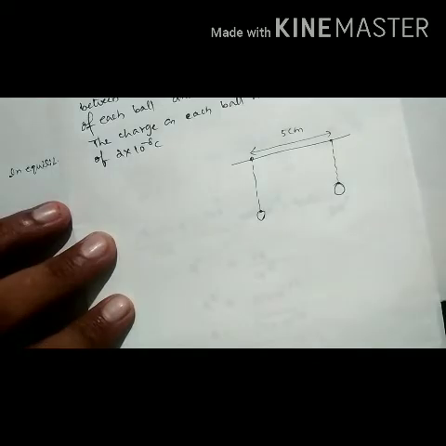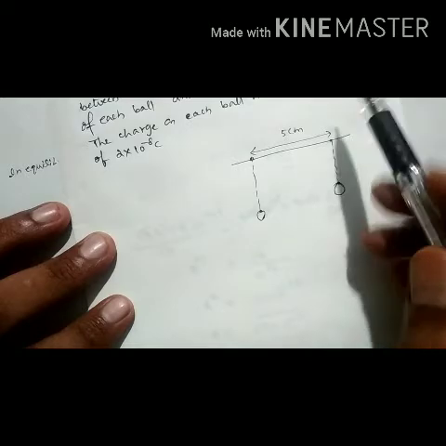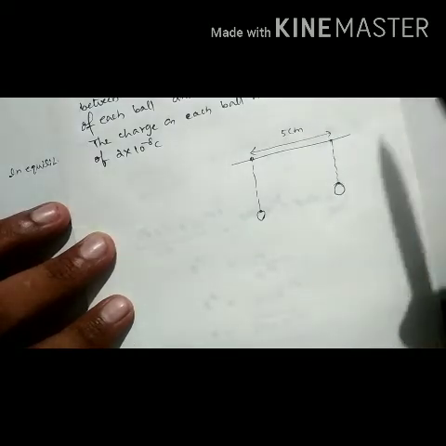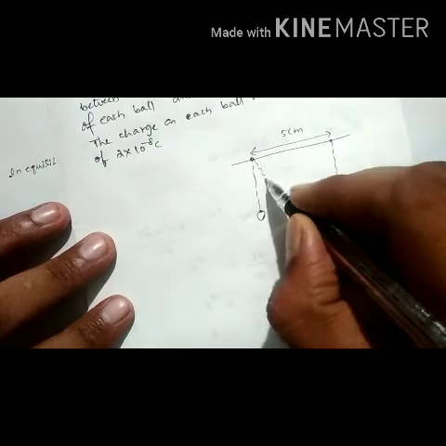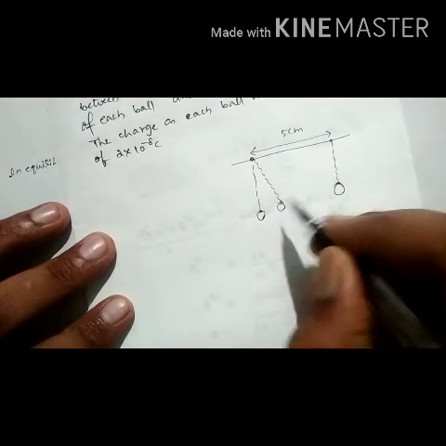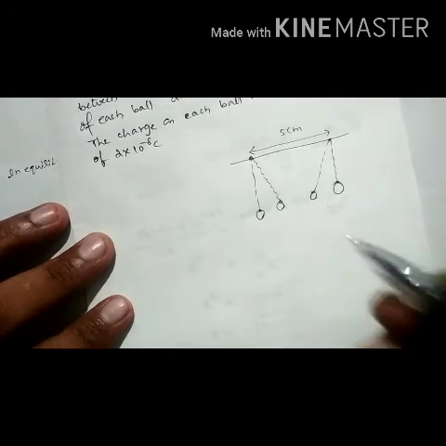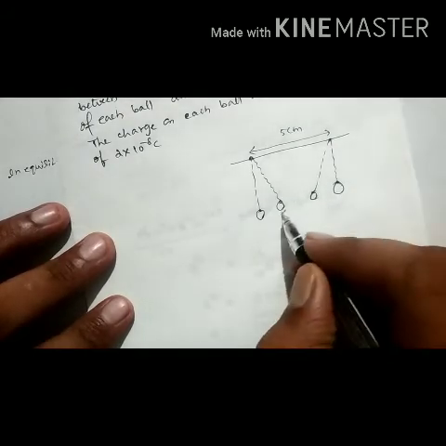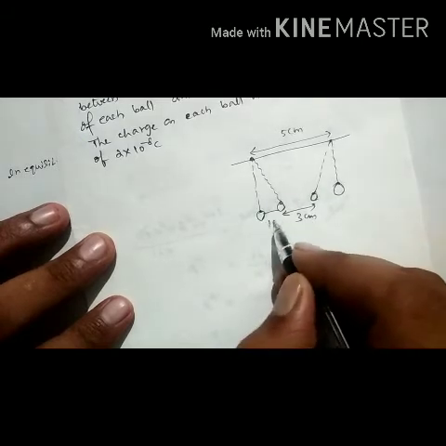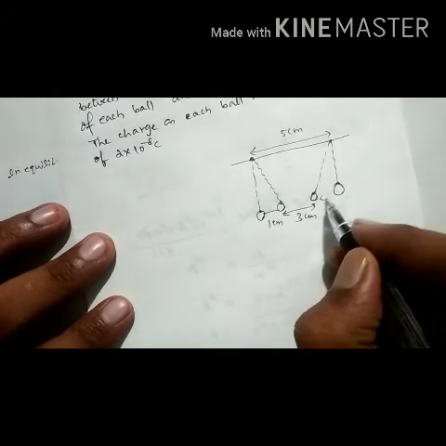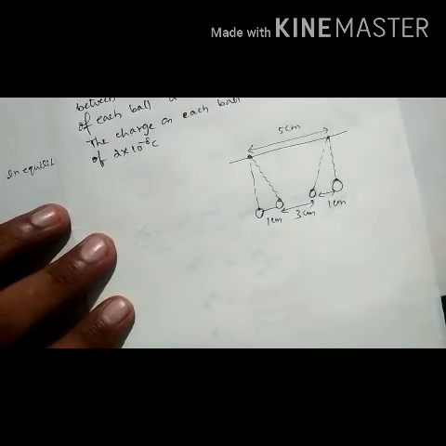These 2 points are suspended like this, and in the equilibrium position they have moved towards each other. We don't know whether they have the same charge or different charges. I think they must be attracted. So this is 3 centimeters. What is the difference here? On one side it is 1 centimeter, on the other side it is 1 centimeter. This is the thing we have to identify.